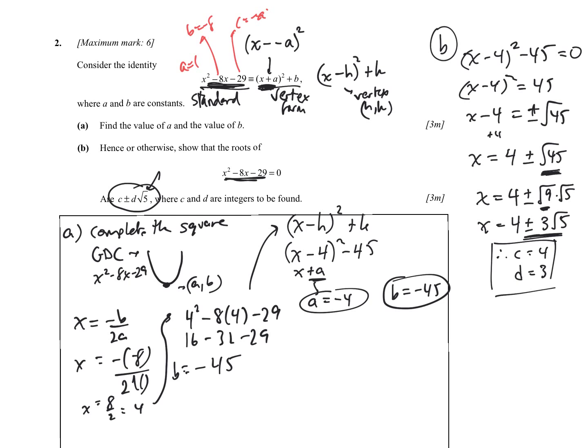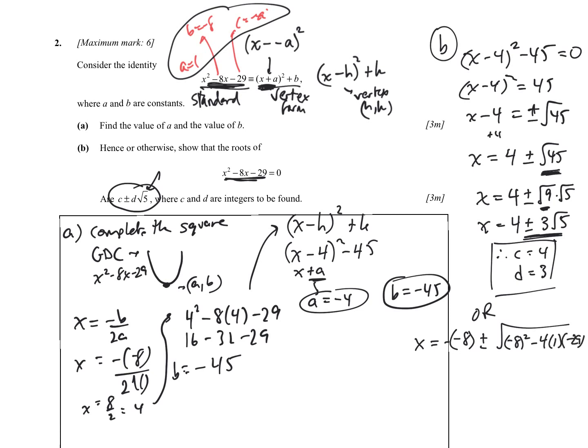The other option for this question would be the quadratic formula, again recognizing what a, b, and c are equal to. x equals negative negative 8 plus or minus the square root of negative 8 squared minus 4 times 1 times negative 29, over 2 times 1.